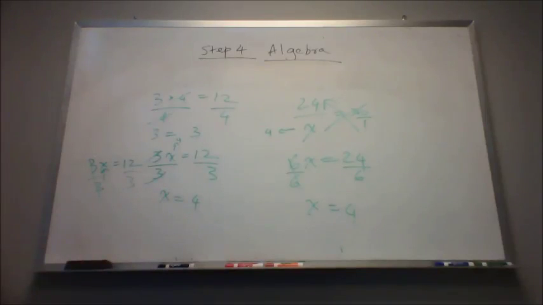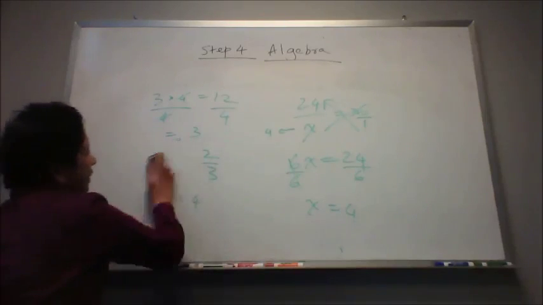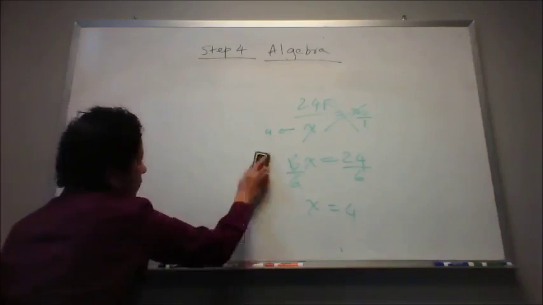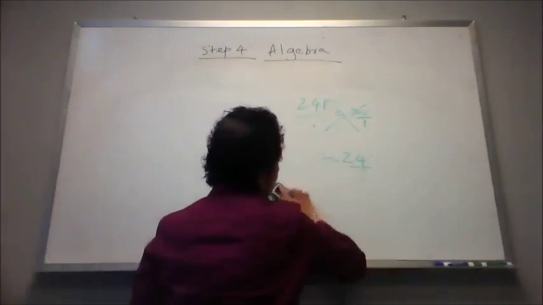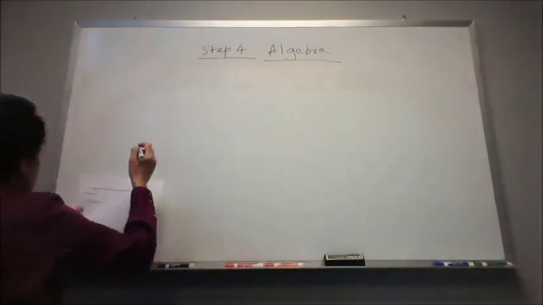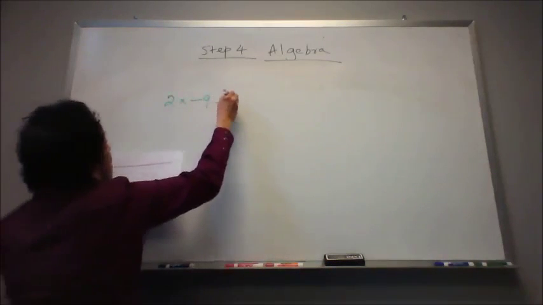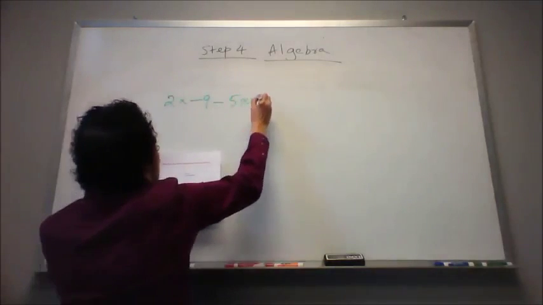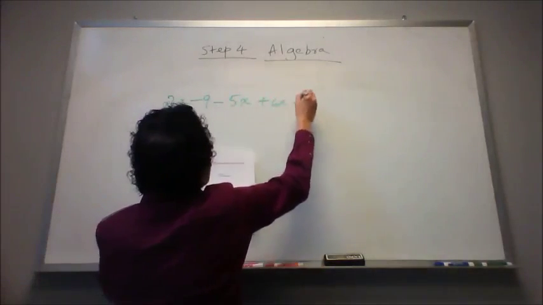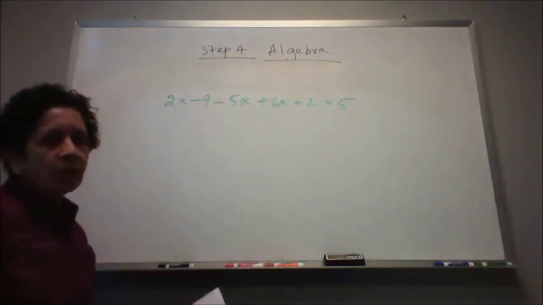Sometimes you will have more terms, in which case you need to simplify the expression first before you can solve for x, okay? For example here, we have 2x minus 9 minus 5x plus 6x plus 2 equals 5. Solve for x.